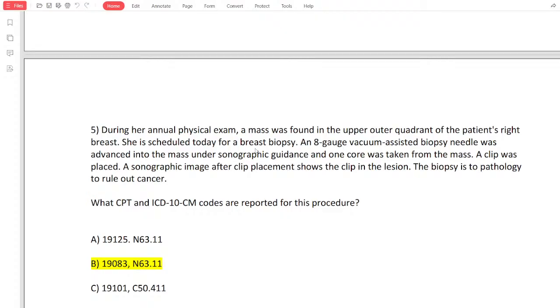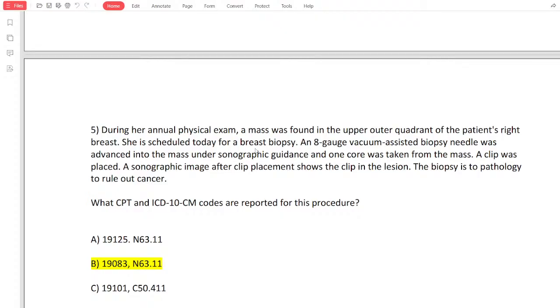An 8 gauge vacuum assisted biopsy needle was advanced into the mass under sonographic guidance, and one core was taken from the mass. A clip was placed. A sonographic image after clip placement shows the clip in the lesion. The biopsy is sent to pathology to rule out cancer.